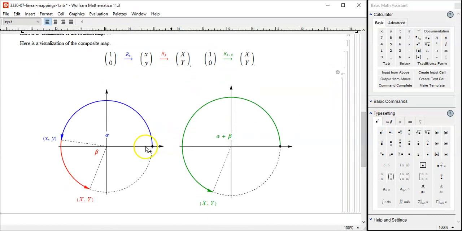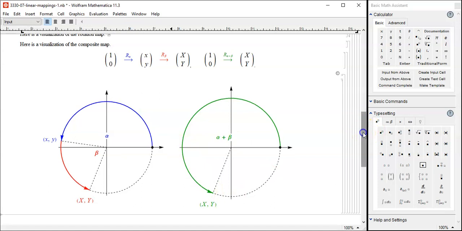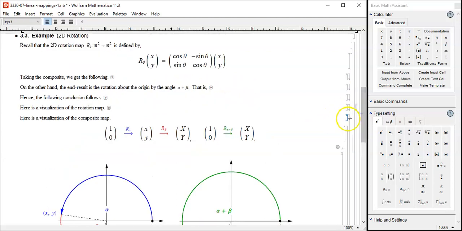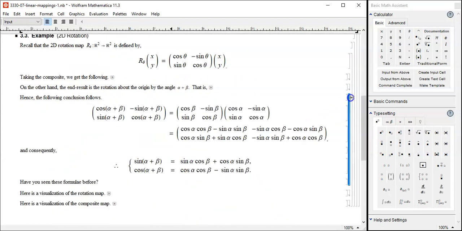Yeah, I guess so. (1, 0) is going to (x, y), and then (x, y) to capital (X, Y), versus (1, 0) all the way to capital (X, Y). Yeah, those are the same. Rotation by alpha plus beta directly is alpha first, beta later, and that's a visualization of this computation. Alpha first, beta later versus alpha plus beta directly. And the right hand side is, of course, matrix multiplication.